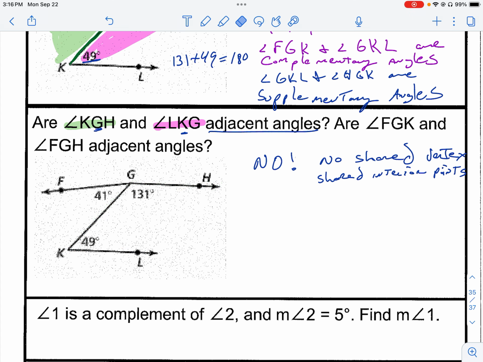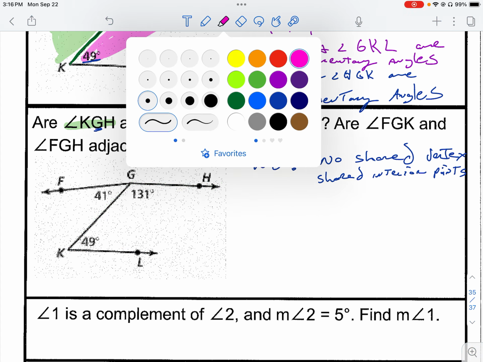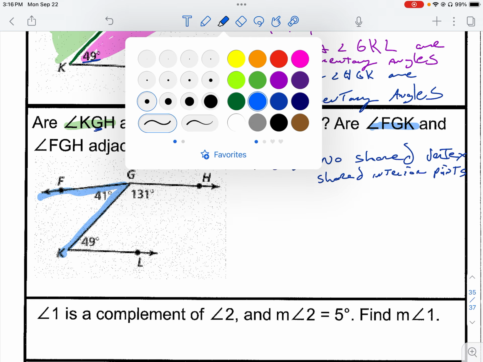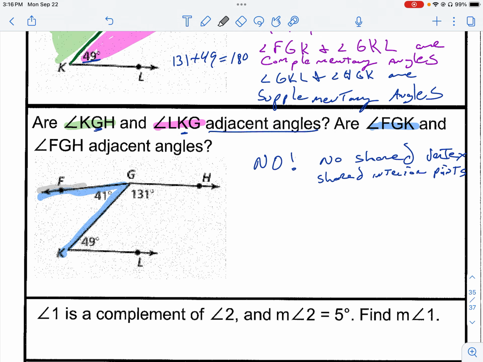Okay, let's look at the next one. Are FGK and FGH adjacent angles? Well, we do share a vertex. We do share a side.